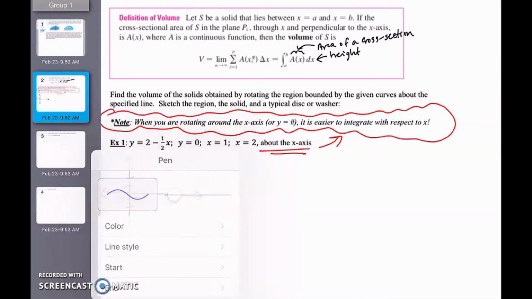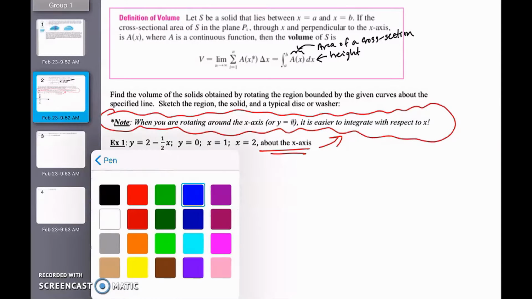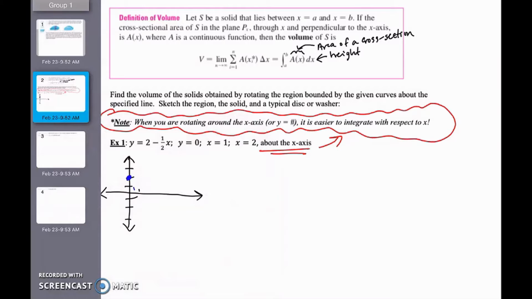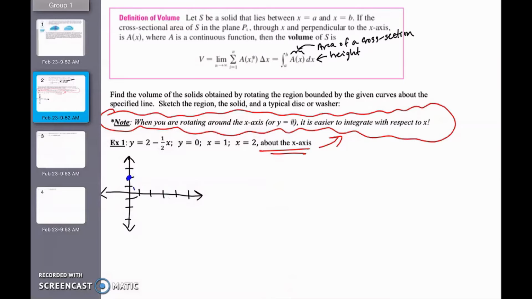So if I have a y-intercept of 2, and then a slope of -1/2, that means I'm going to be going down 1, right 2 as I sketch more points on my curve. So down 1, right 2, down 1, right 2, down 1, right 2. That's going to give me a line that looks something like this.